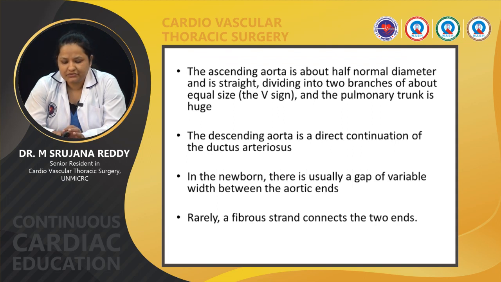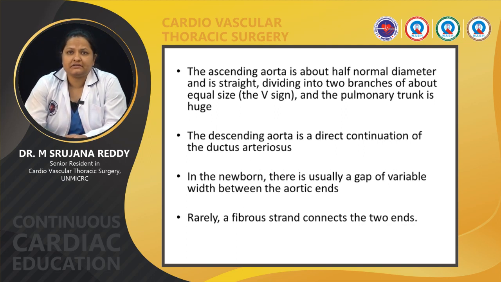The ascending aorta is usually small in size, half the normal diameter, and appears to be dividing into 2 branches of equal size, giving a V sign, and the pulmonary trunk is huge. The descending aorta is the usual continuation of the ductus arteriosus, and hence there is a ductal dependent circulation in these children.